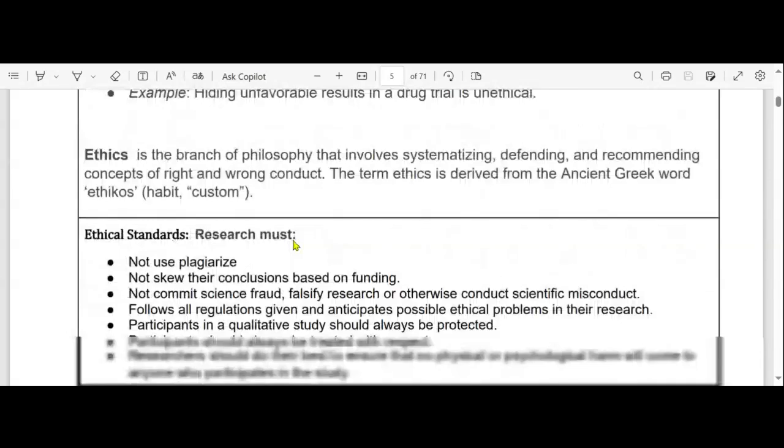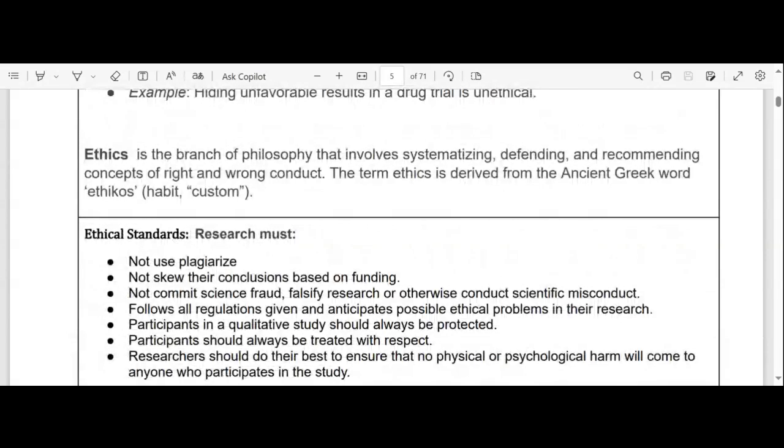Ethics is a branch of philosophy that involves systematizing, defending, and recommending concepts of right and wrong conduct. The term ethics is derived from the ancient Greek word ethikos, meaning habit or customs. Okay.